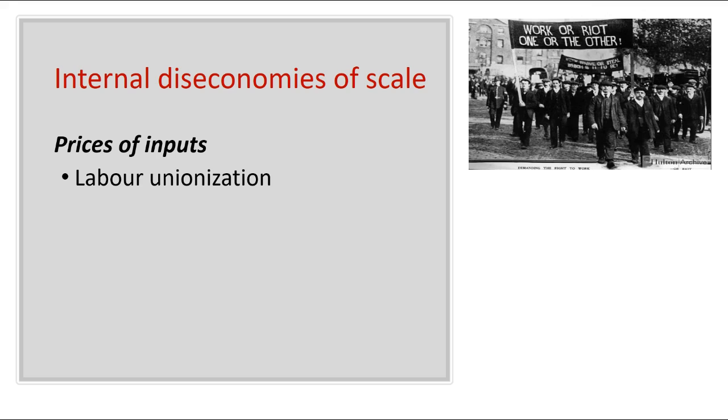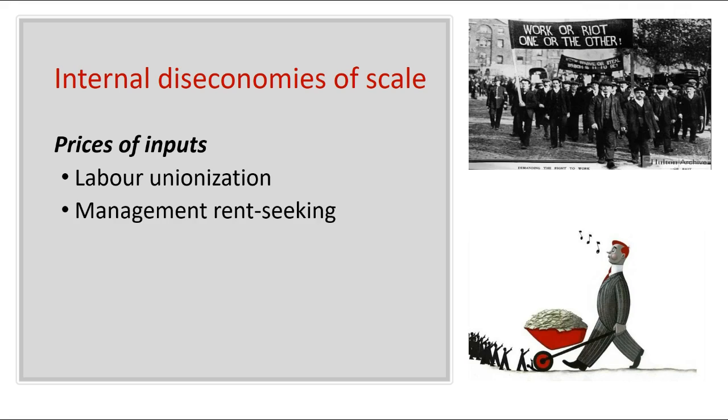And they could use the threat of work slowdowns and strikes in order to try and achieve higher wages in the bargaining process. Therefore, as the firm becomes larger, it's possible that its workforce can become unionized, and when its workforce become unionized, they can bargain for higher wages, and therefore the average cost of production would rise.